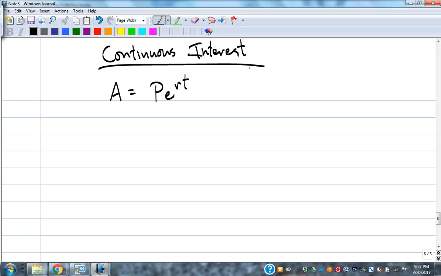If you're dealing with continuous interest, the account worth is equal to your principal investment times e to the interest rate times time in years. So this is principal. That's your rate. That's time in years.